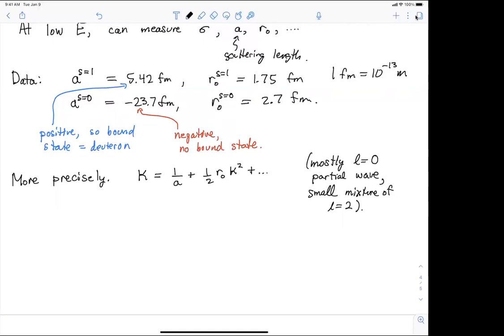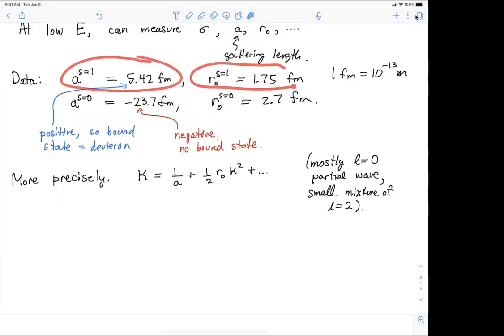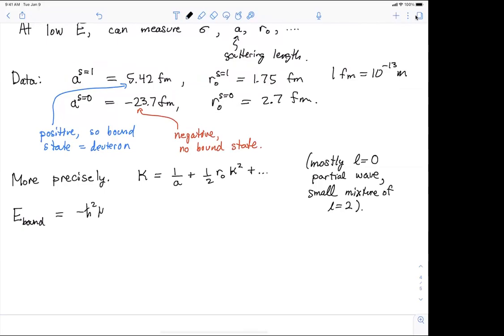And remember, we have the data, so we know what these numbers are, and we can just plug them in. Then we can plug in the bound state energy. The bound state energy is minus h bar squared kappa squared over 2m.